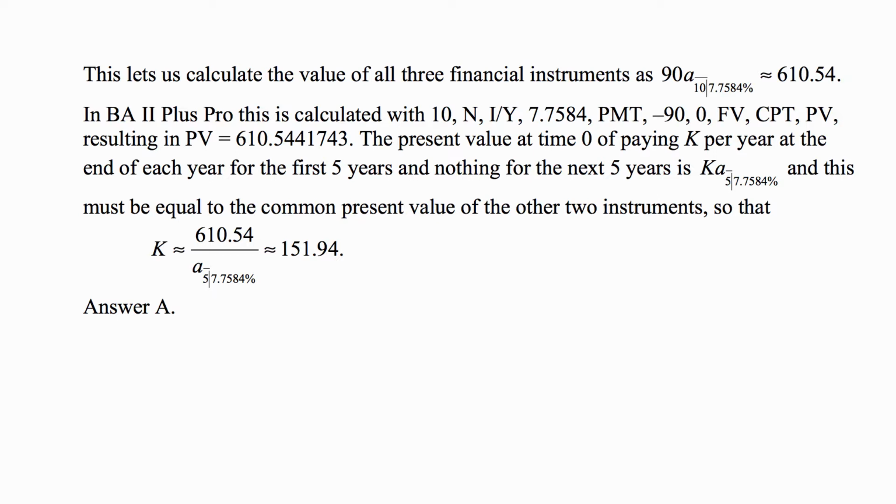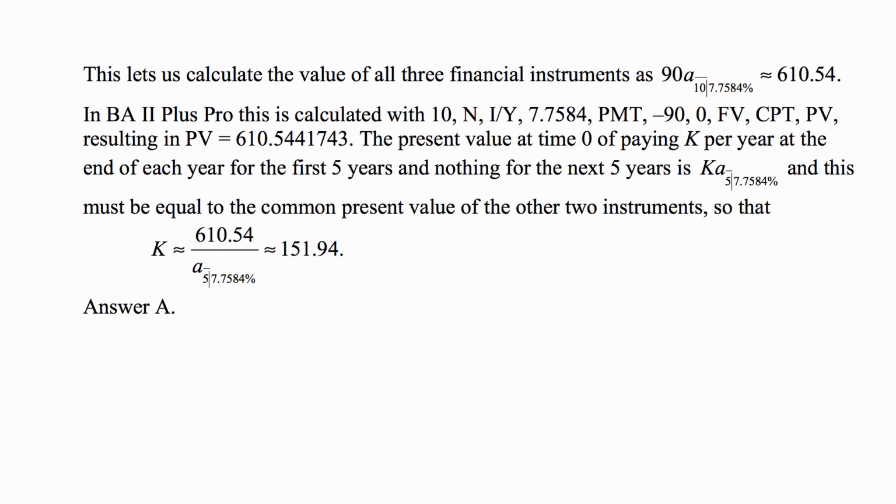If you use the BA II Plus Pro, this is calculated with 10 being N, 7.7584 being I/Y. Payment is negative 90, 0 is future value, and we compute present value. And this results in present value of 610.5441743.